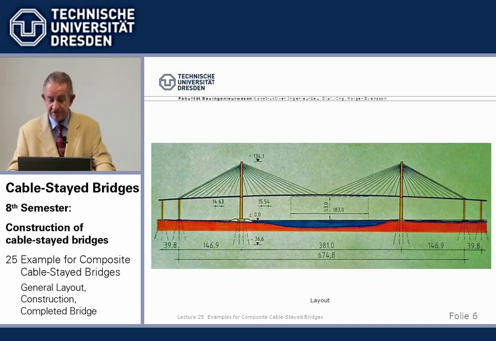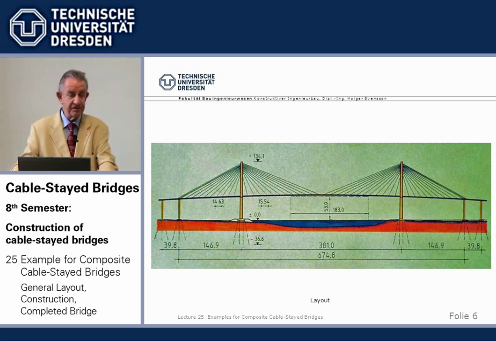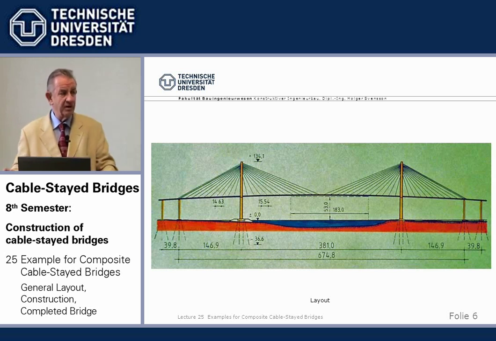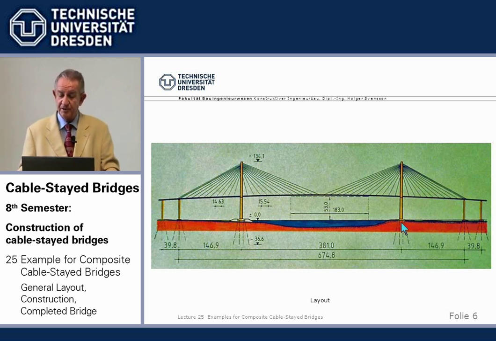Main span 381 meters was given by the authorities, more or less by the conditions. Protection against ship collision is important. A lot of oil tankers going in and out the Houston Ship Channel. On one side, it was virtually founded on land, not reachable by the ships.